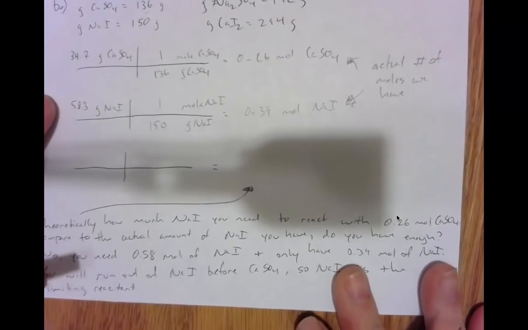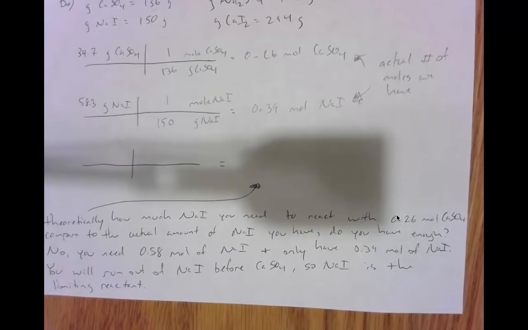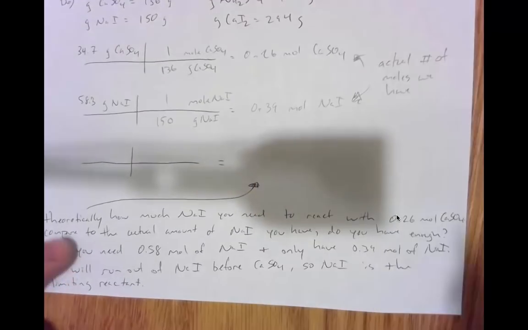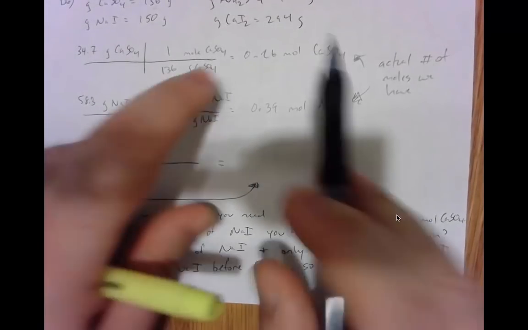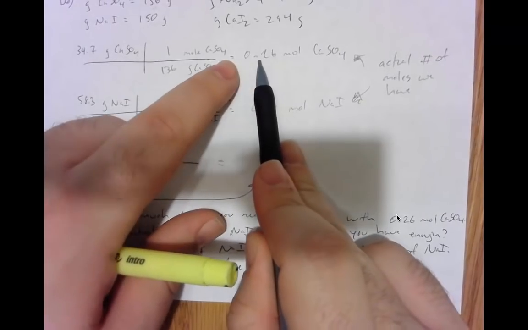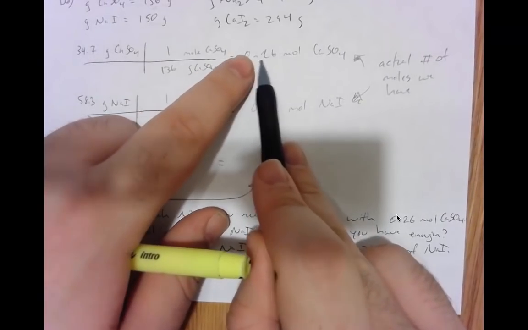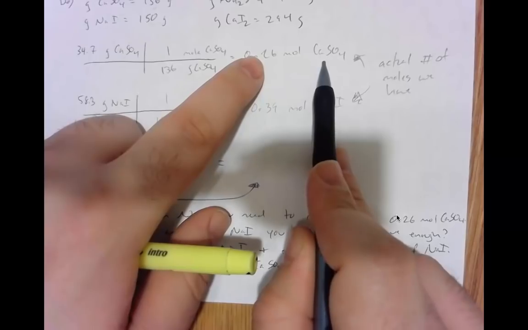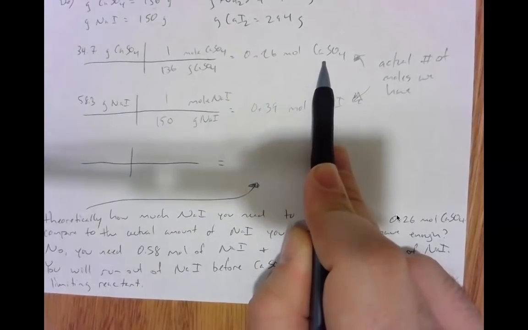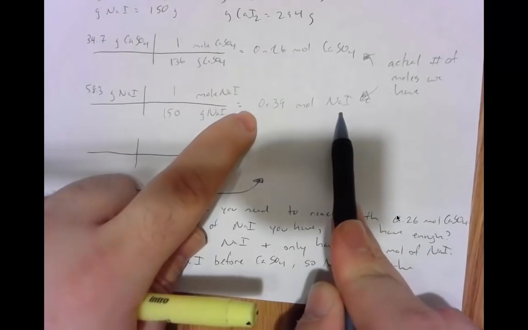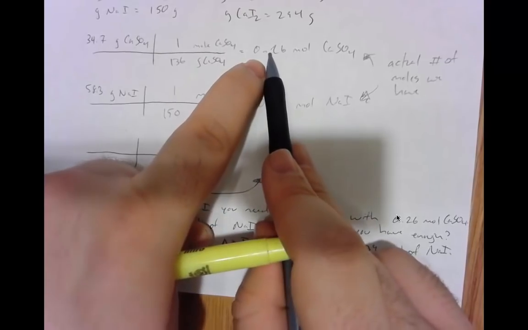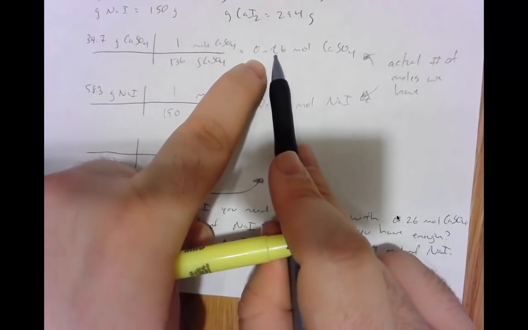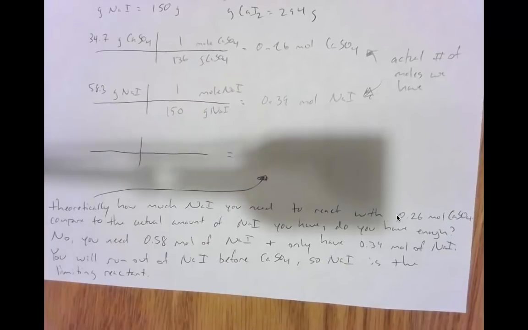So then to calculate the limiting reactant, what we need to do is what we did before. We need to take one of the moles and calculate to see if I have 0.26 moles of calcium sulfate, how many moles of sodium iodide would I need? We do that by doing our mole conversion, converting our moles of calcium sulfate to moles of sodium iodide, and then comparing.